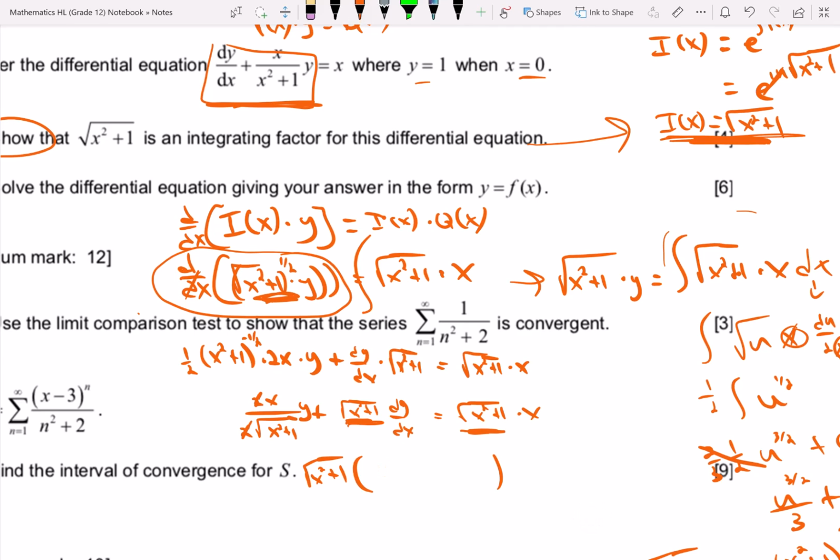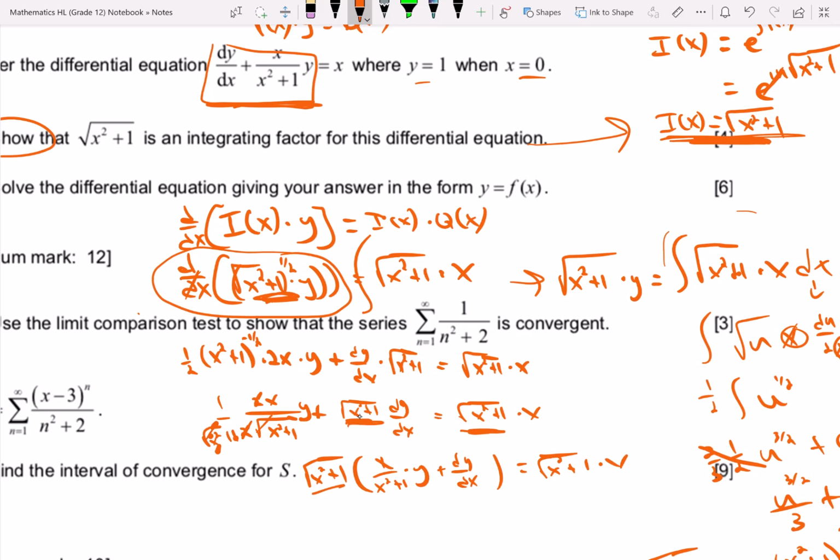Right, factoring out is like multiplying by 1 over square root of x squared plus 1. If I do that here, my square roots cancel, and I'm left with x over x squared plus 1 times y, and then this one just comes out, and I am left with dy dx.